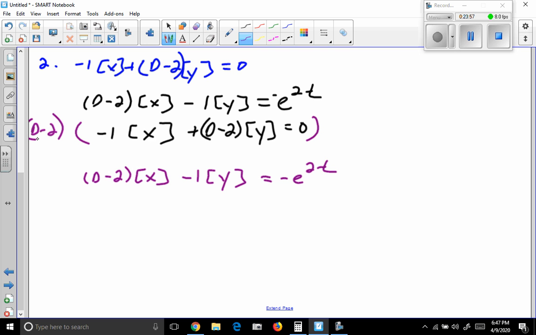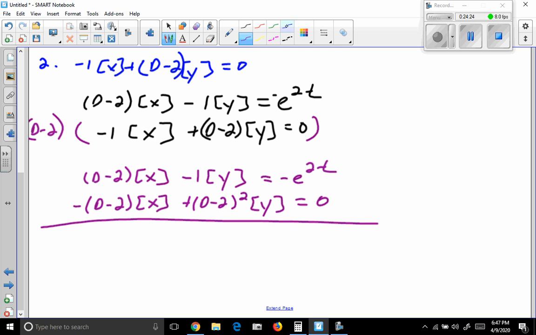The second equation, we're going to have a minus 1 times d minus 2. That's what's being done to x. And then plus d minus 2 squared. That's what's being done to y. And when we do that times the right side, we get 0.